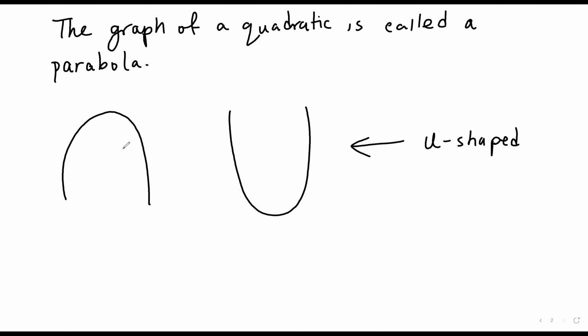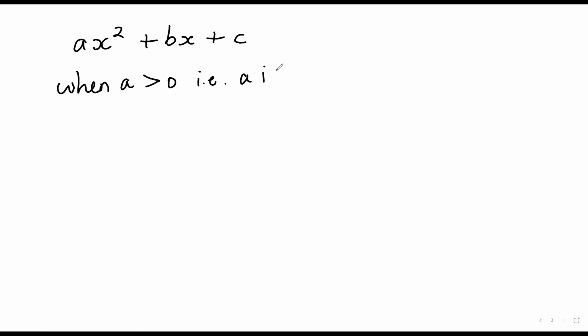And there are some features of a quadratic graph that you need to know. So let me give you an example. For the expression ax squared plus bx plus c, when a is greater than 0, that is when a is positive, you will have a minimum curve.